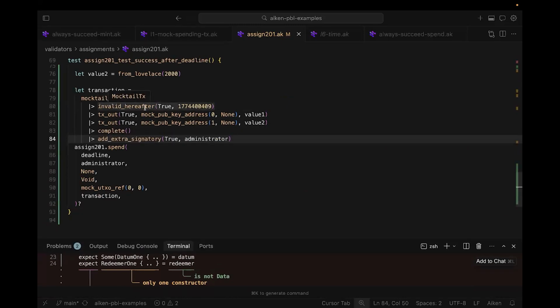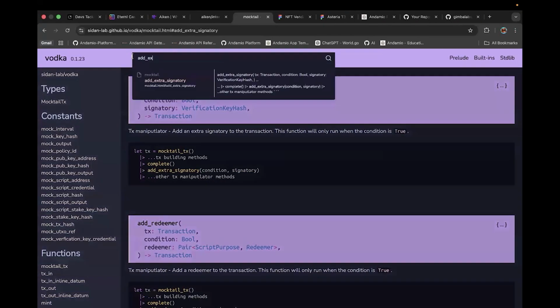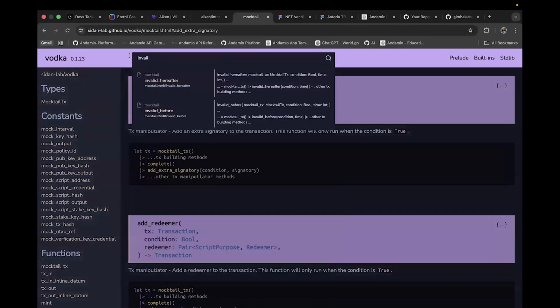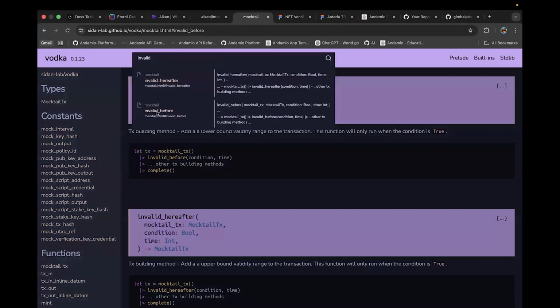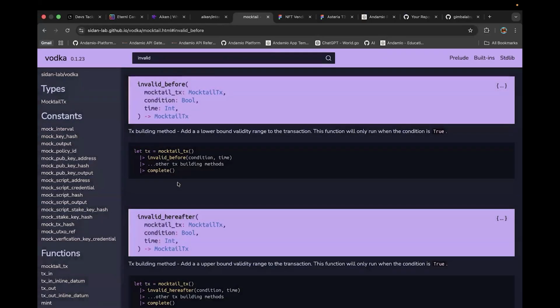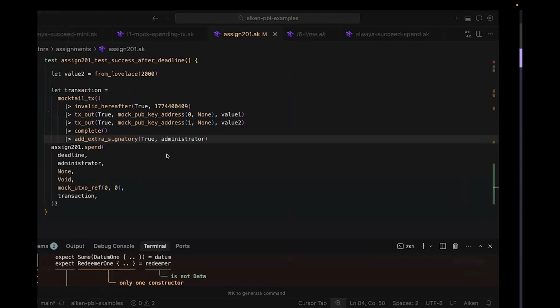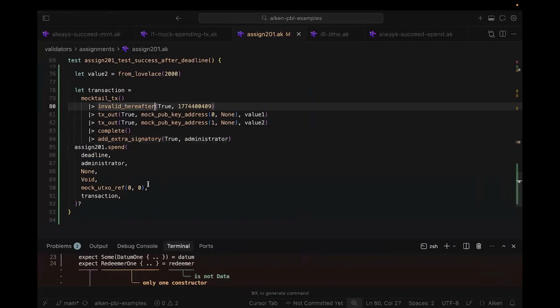Oh, wait, invalid hereafter. No, no. This has to be invalid before, right? Hmm, invalid before is what we need. Yeah, invalid before is what we need, right?